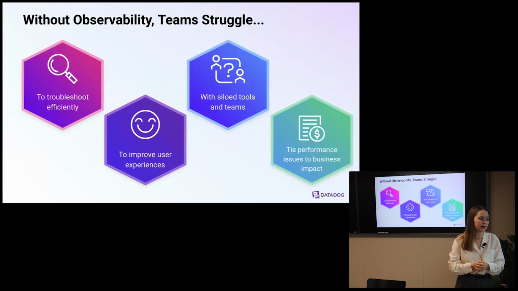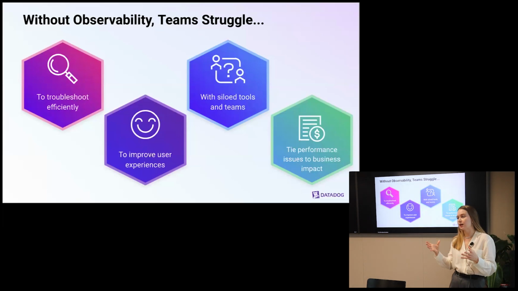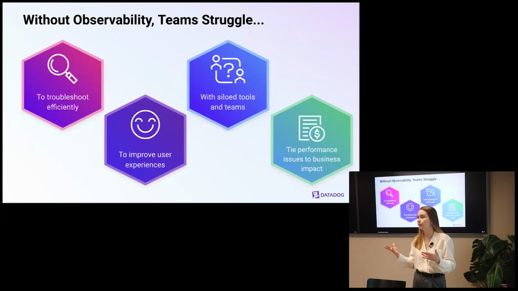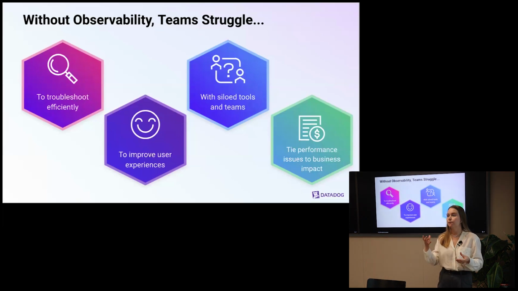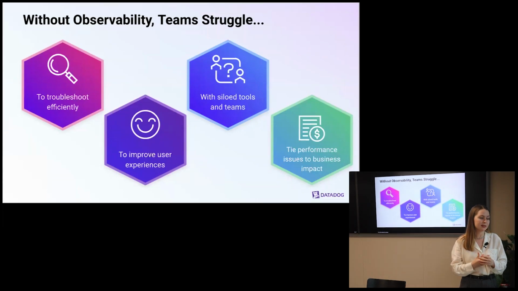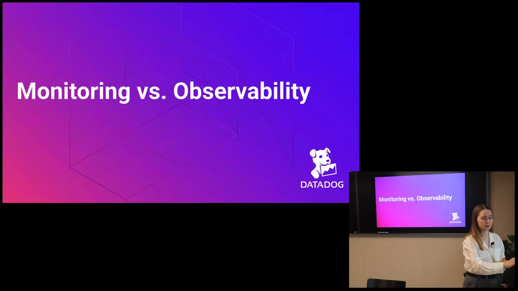On top of that, when you find an error, you can't really understand what the business impact of fixing this particular issue is. So this is why we need full visibility across the system to have a great user experience.